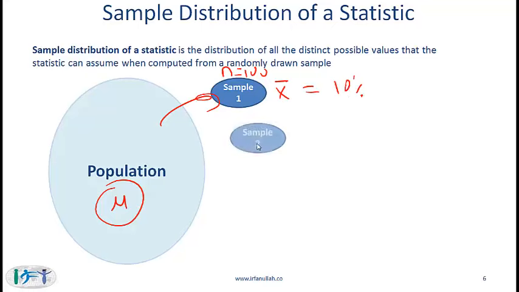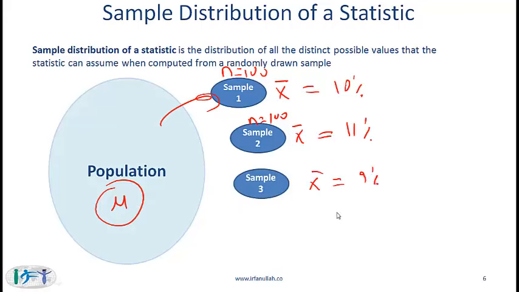Then you draw another sample. Obviously the mean here will not be exactly the same as the mean for the first sample. Assume that you are drawing the same sample size. Let's say that the mean for sample 2 turns out to be 11%. Then you draw a third sample, and here the mean might be 9%, and so on.